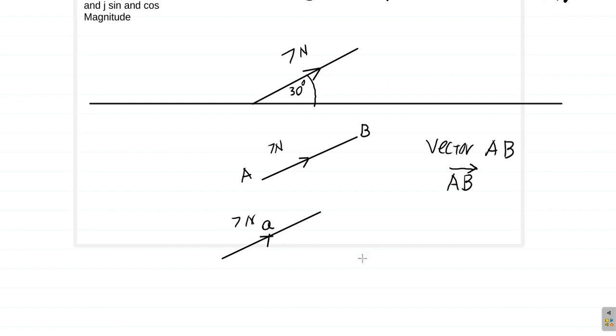Now, if you type it, the a is in bold. But if you write it, what you can do is write a and draw a little line below it to show that it is a vector. Alright? So, you have vector a. You see that?